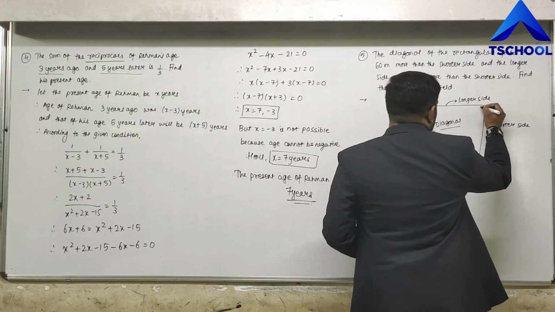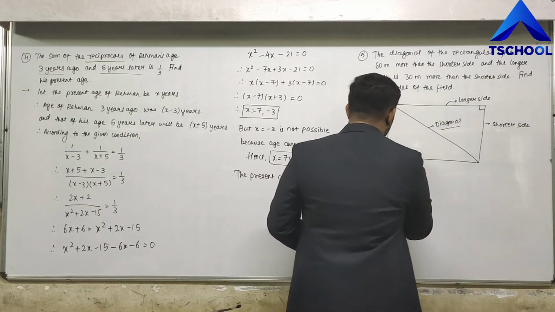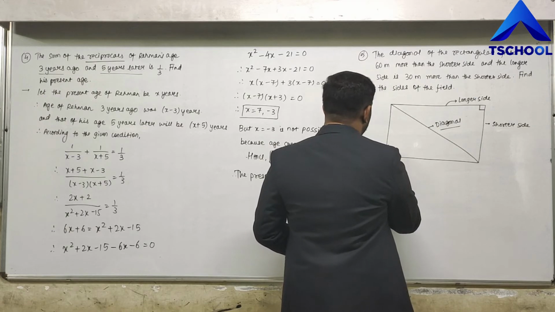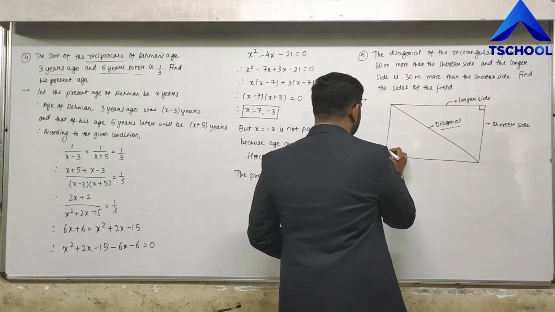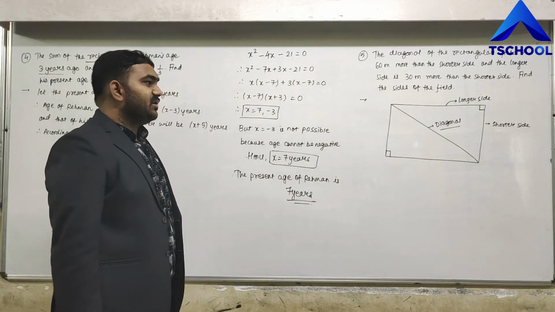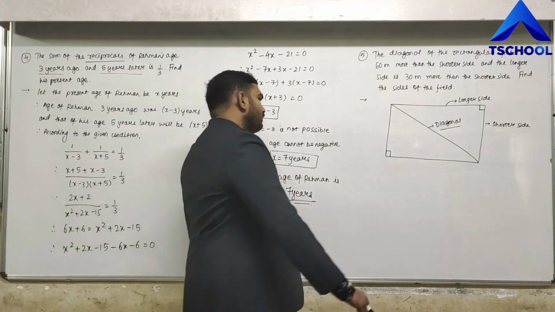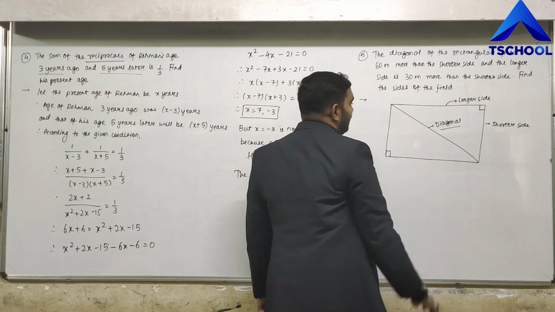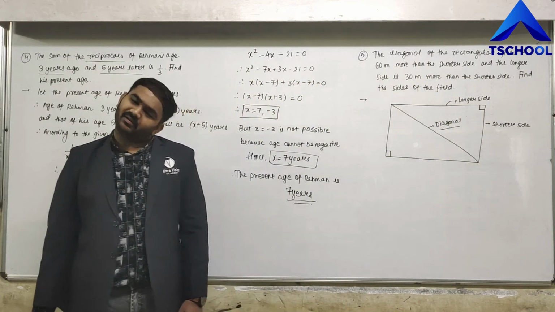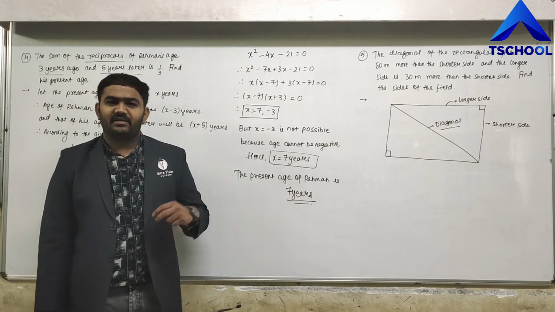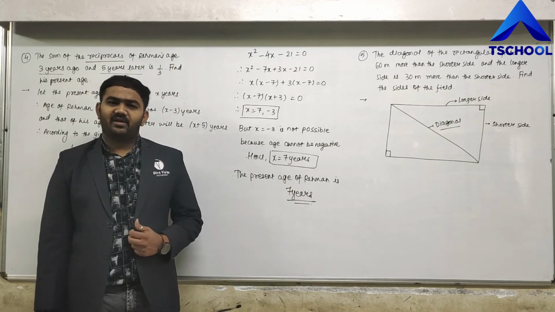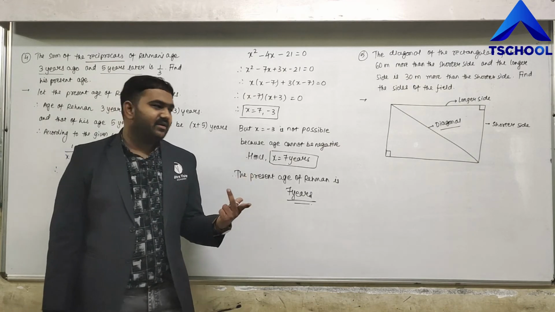Again, here the angle between length and breadth will be 90 degrees, perfect, right? This will be a perfect 90 degrees. So what you can see here is that the triangle so formed by the longer side, shorter side and the diagonal is a right angle triangle, and if it is a right angle triangle, then we can apply the Pythagoras theorem here, right?